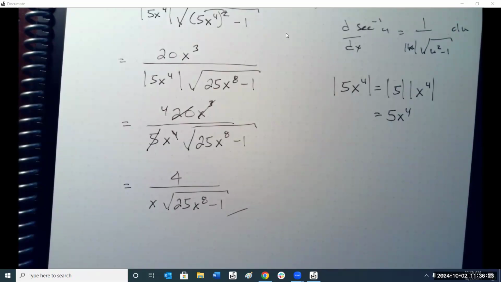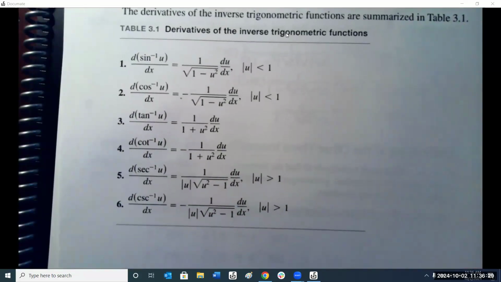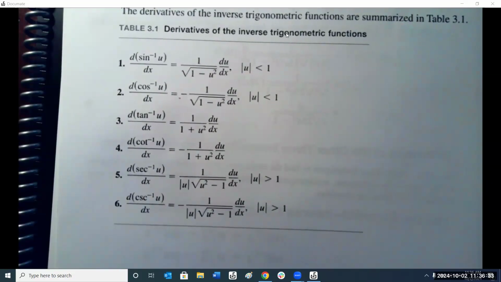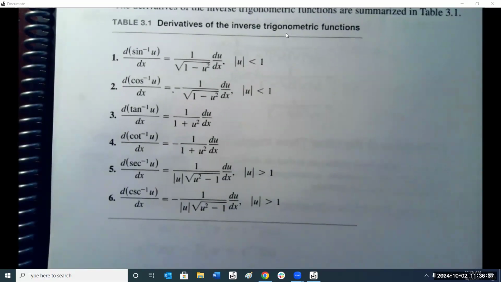So again, you can use these formulas back here, the derivatives of inverse trig functions, because the derivations of all of them are the same procedures.